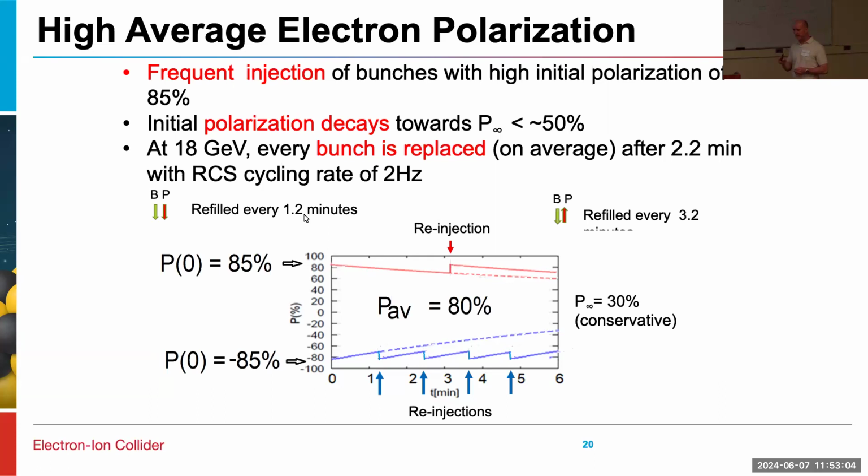You shoot a laser onto a cathode, and the cathode is this magic material. It's basically a strained crystal. So you have a crystal, and the last layers are a different material, so they don't get the lattice size that they would get if that was a solid crystal. And if you now shoot your laser onto that, the electrons that come out are polarized. I don't know the details, but that's some very interesting, sophisticated physics.